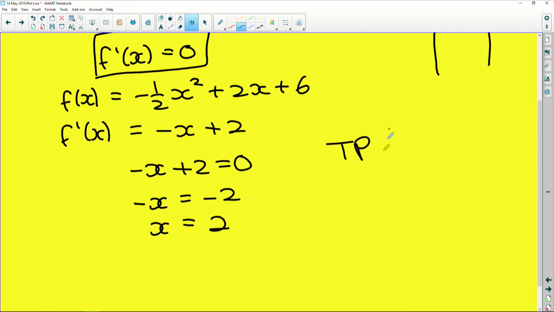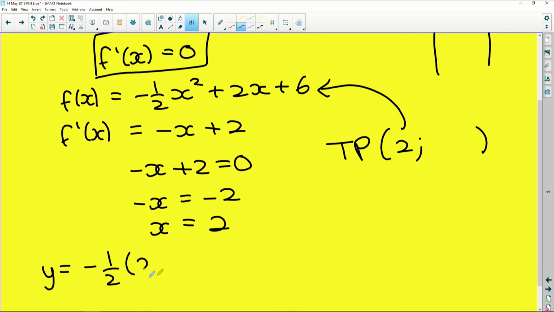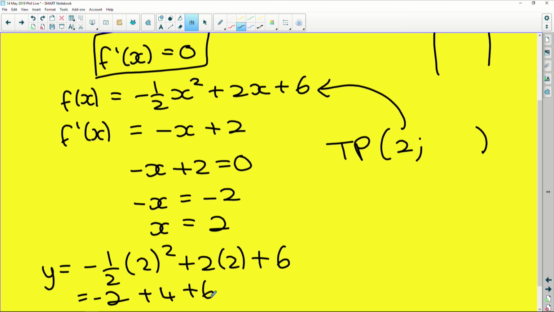So the turning point has an x coordinate of 2, and now we simply substitute that 2 into our original function. So y is equal to negative a half multiplied by 2 squared plus 2 multiplied by 2 plus 6. That gives us negative a half multiplied by 4 is negative 2, plus 4 plus 6, which gives us 10 minus 2, which gives us 8. So those are the coordinates of the turning point.